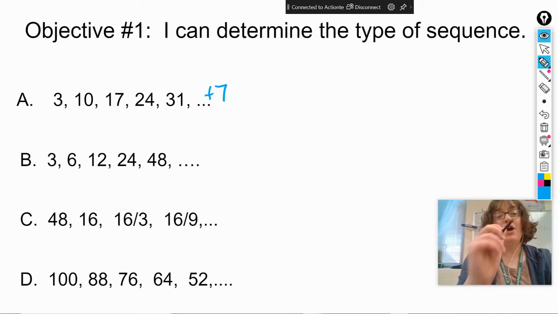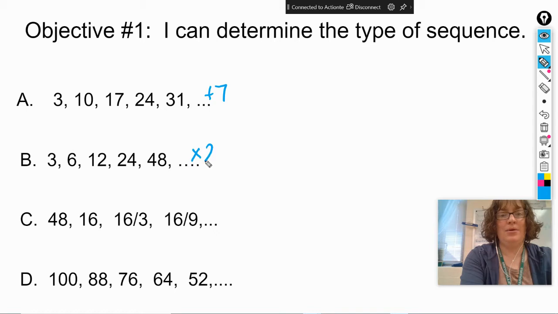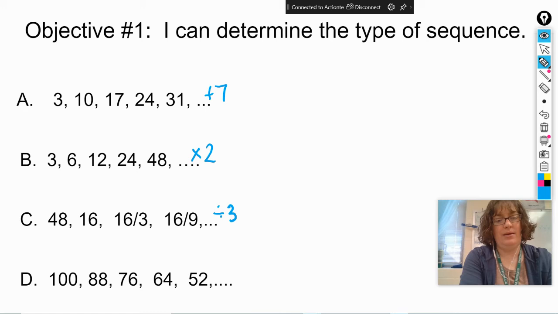On B, I hope that you see that the pattern is we're repeatedly multiplying by 2. On C, this one's a little tougher, but I hope that you see that we're dividing by 3. And then finally on D, I hope what you're seeing is that we're subtracting 12 each time.